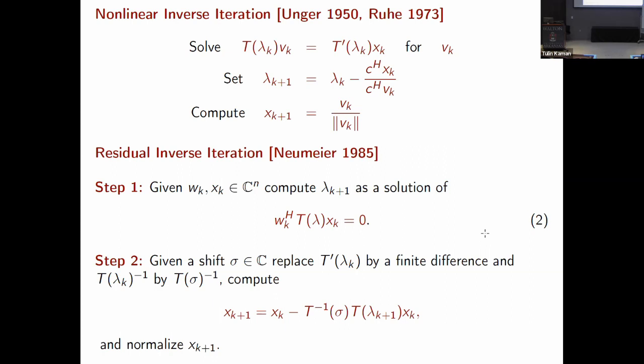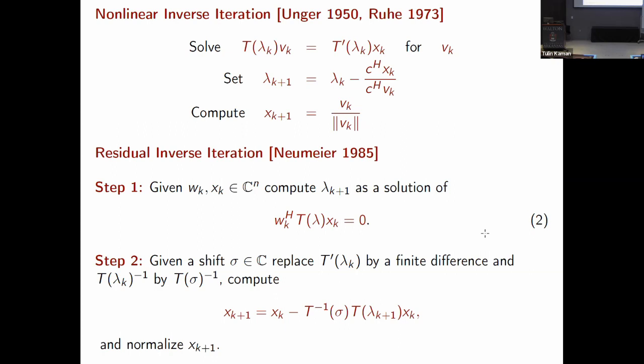You can even think about the left eigenvector for the normalization part, for orthogonality purposes. And then we compute the new approximation of the eigenvalue as a solution of the following problem. So we solve for lambda this problem. If you solve this problem, that will define our new approximation of the eigenvalue.